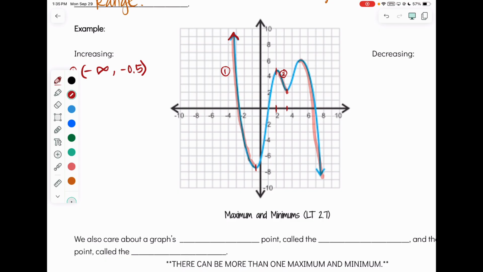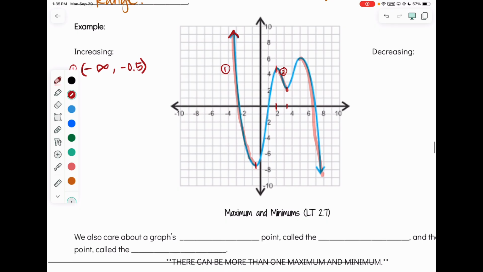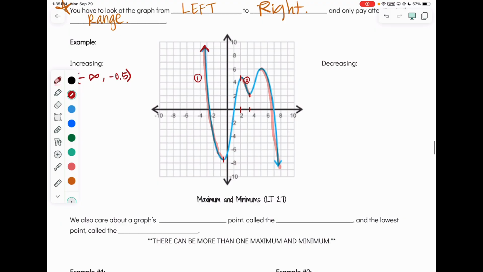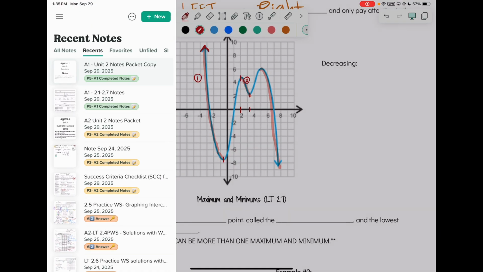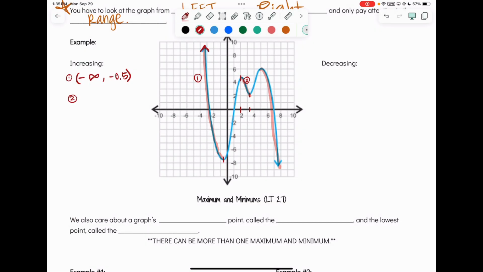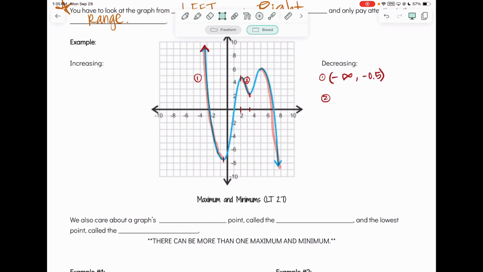I kind of want to say 3 1/4. So here's the second segment. Oh man, I'm writing it on the decreasing side, my bad. I've been writing it on the wrong side. It should be on the right.